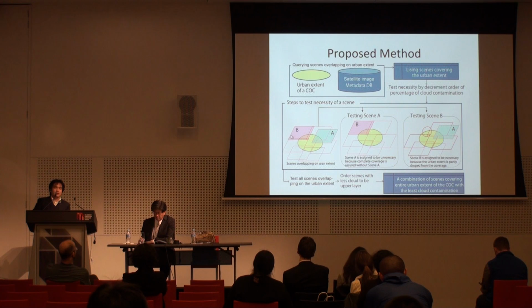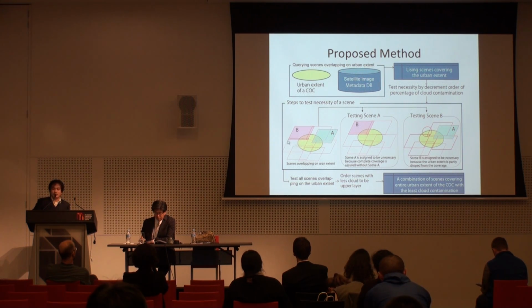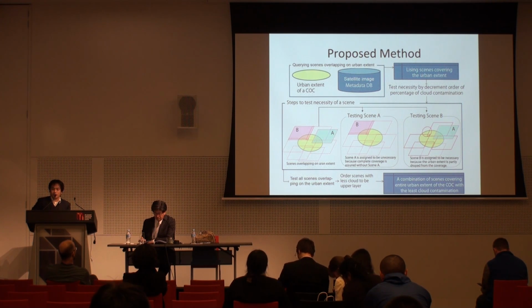But if B is rejected, there is an uncovered section around here. Then we can decide A is not necessary, B is necessary. Then by testing such a procedure for all of the satellite data, we can acquire a set of combinations for this urban extent.